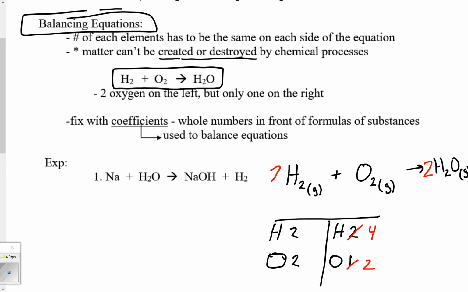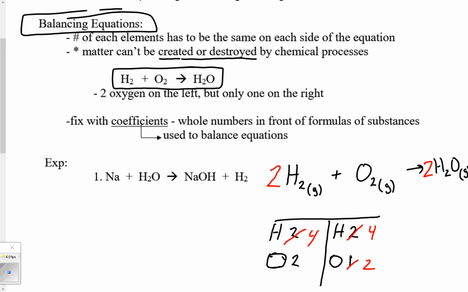Well, add a 2 for a coefficient here. Now, somebody will say, does that screw up this oxygen? No, the plus separates these coefficients. So the only thing this 2 changes is what's directly behind it. So like this H2, 2 times 2 is 4. And now the equation is balanced.